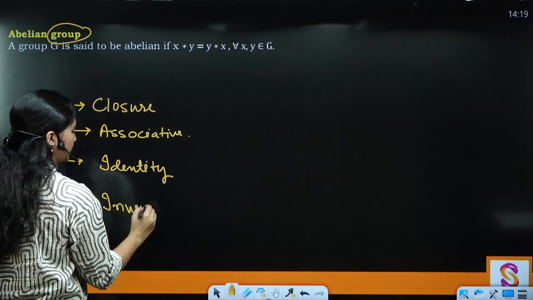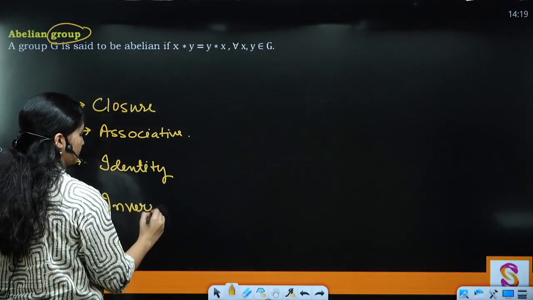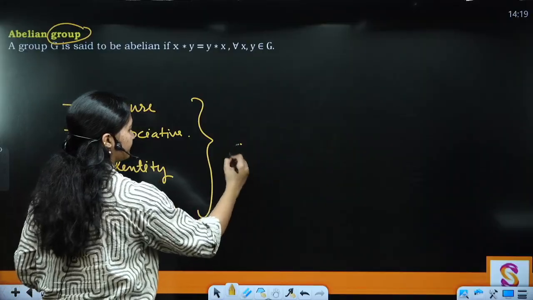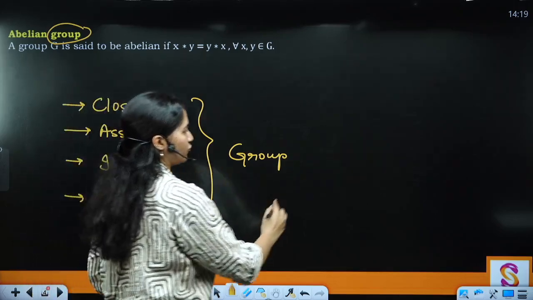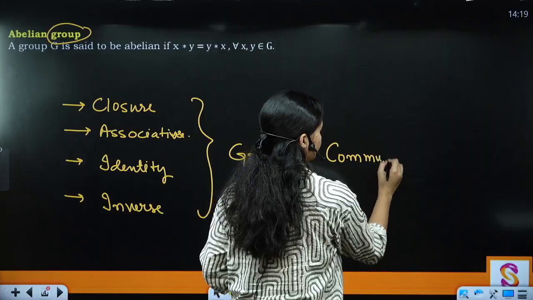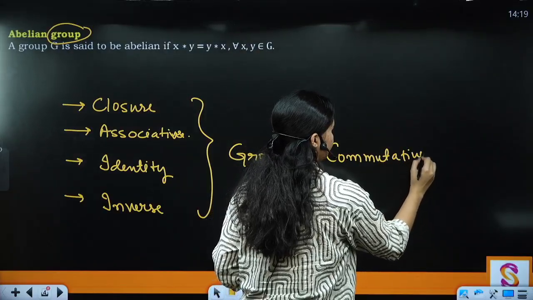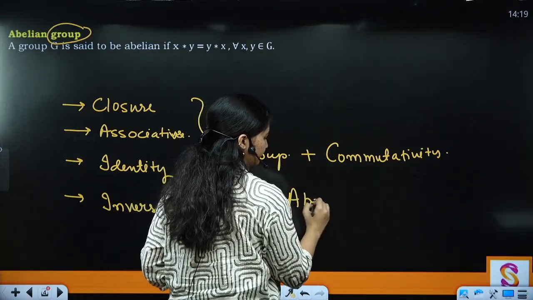These properties together form a group, right? And then along with these four properties, if you add commutativity, this is what forms an abelian group.